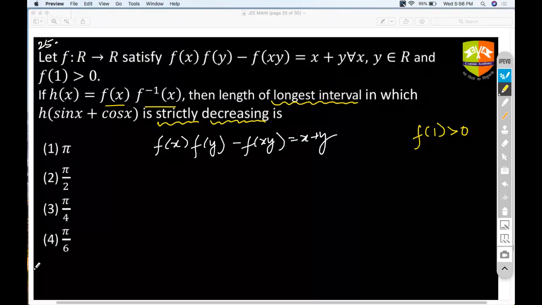Okay, Sai has come up with one answer. Anyone else?